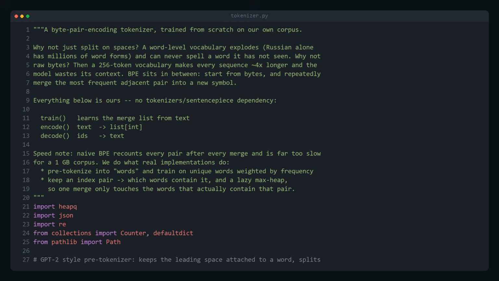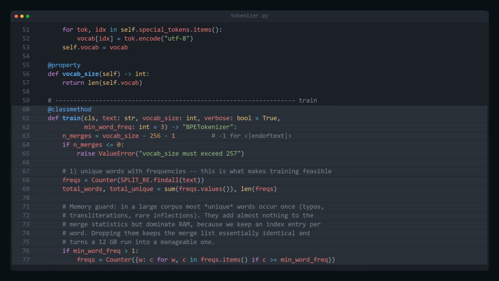On the Russian corpus I hit a real problem, not a textbook one. Training the vocabulary ate 12.5 gigabytes of RAM and killed a neighboring process. The cause is clear once you look at the statistics. The sample had almost 900,000 unique words, and most of them occur once. Typos, rare forms, transliterations.